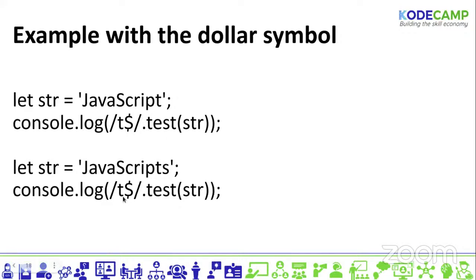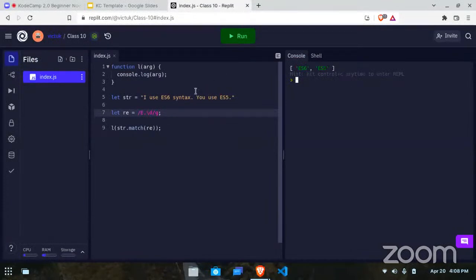So we are checking if JavaScript ends with T here, and yeah, this is true. But if we write JavaScripts and check if it ends with T, it will give us a false. Let's see how that works.